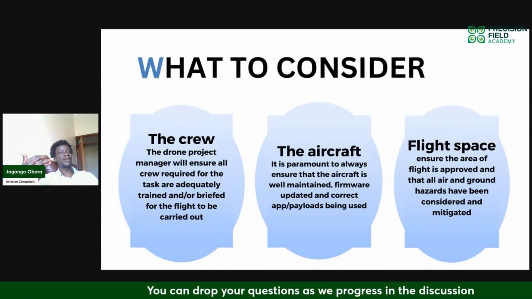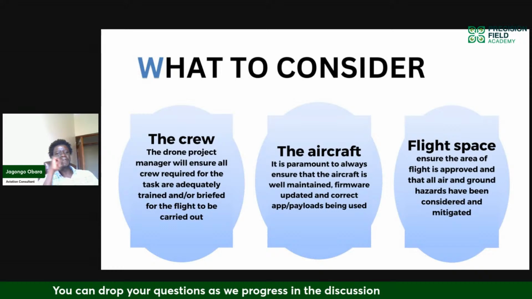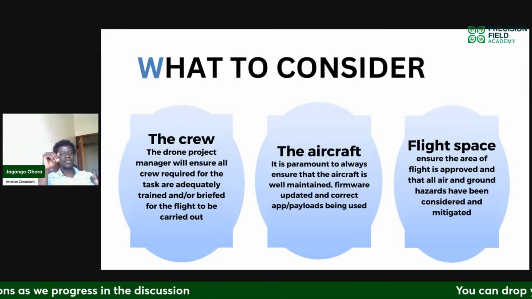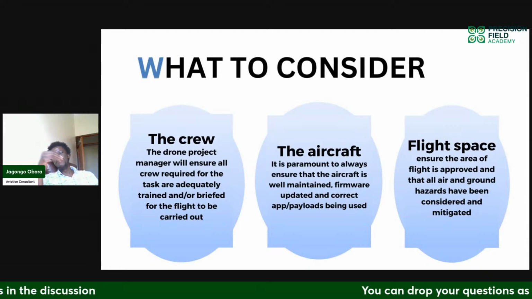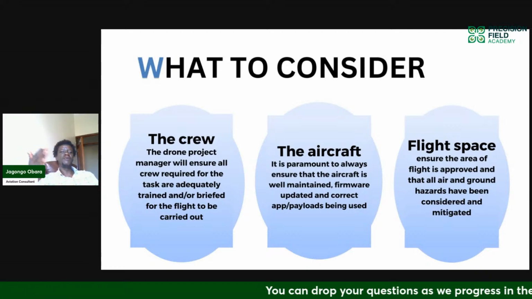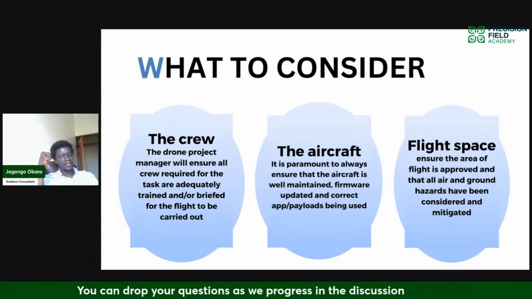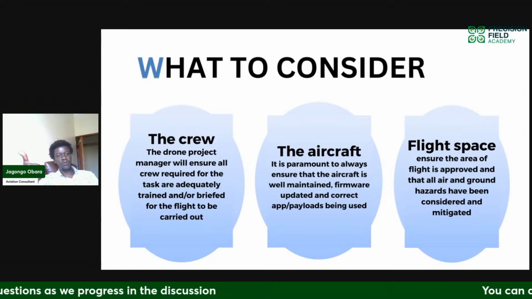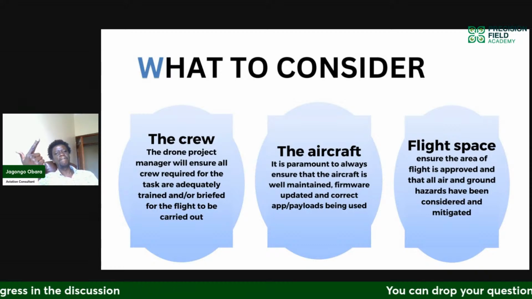I know as pilots we get excited and we want to give the clients value for their money, and we want to razzle and dazzle them, but matching the payload with the correct aircraft specifications is very paramount. And once again, this is not only down to safety of the operation, but it's also down to the regulations.